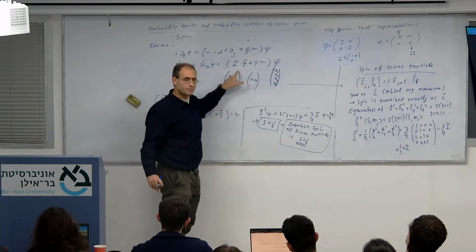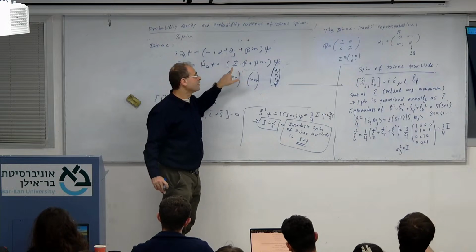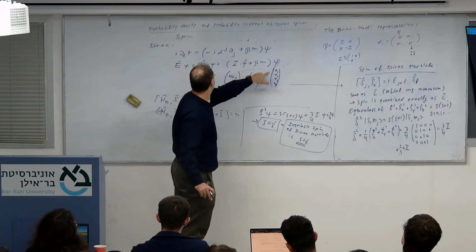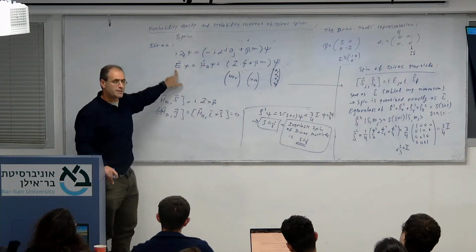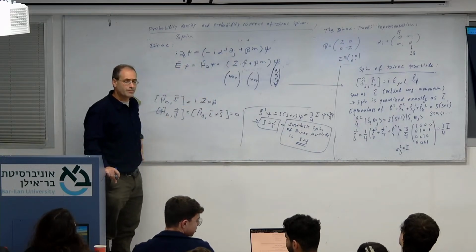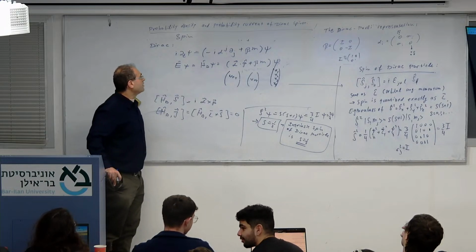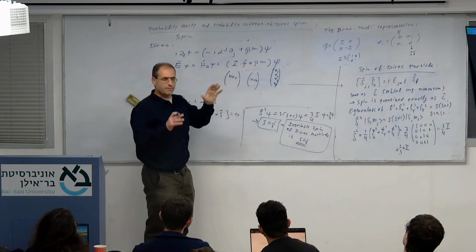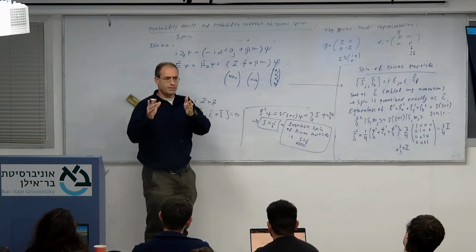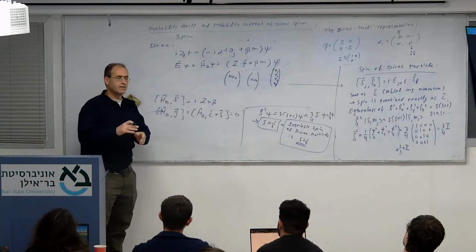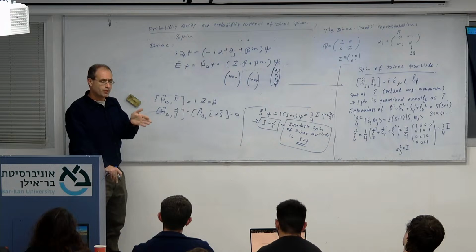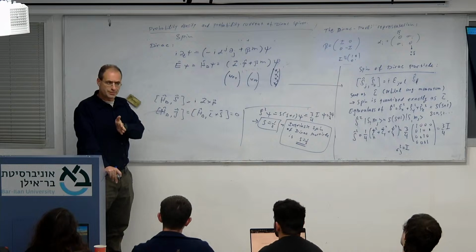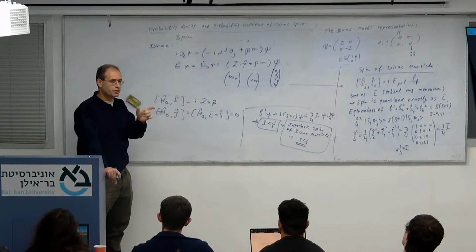P is the momentum operator here, that operates on psi. This is the Hamiltonian operator. In quantum mechanics, both the location R and the momentum P become operators, which commute or don't commute with each other.